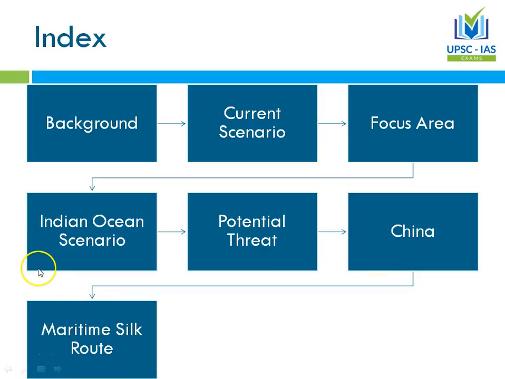Then we will scan the Indian Ocean, check the scenario there and the potential threats to it. Then we will talk about China, in the context of IORA. And finally, with the help of the Maritime Silk Route, I will explain how China is playing games in this part of the world and how it can impact India's interest.